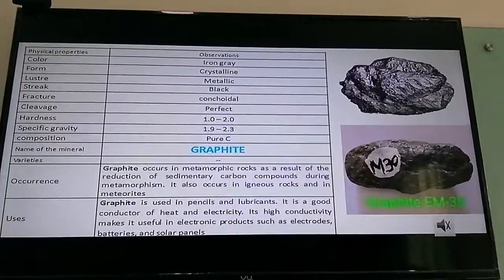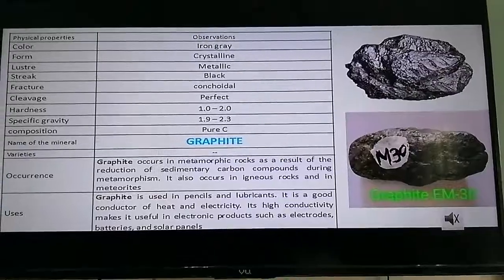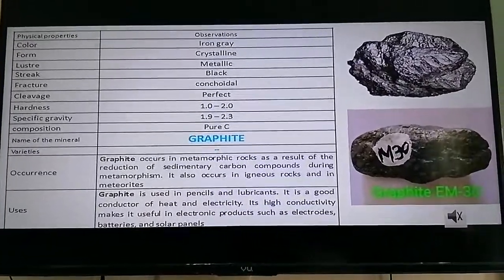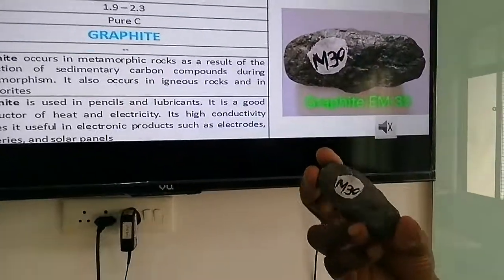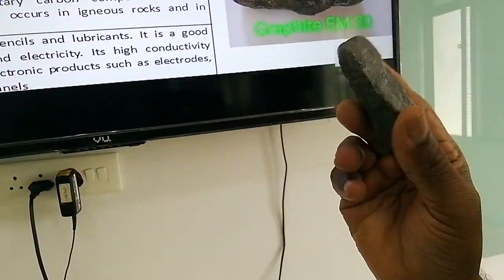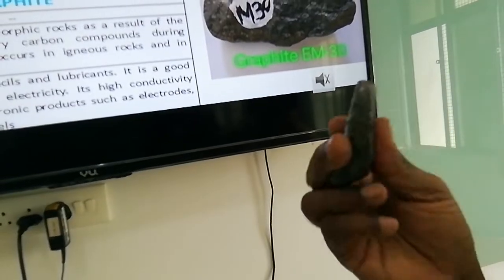The next economic mineral is graphite. So graphite is mentioned as M30. It is iron grey in color, crystalline form, metallic luster.